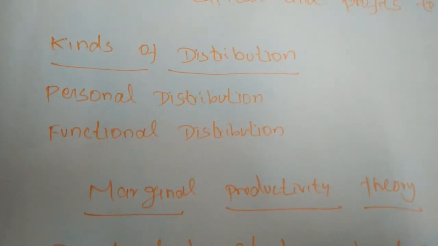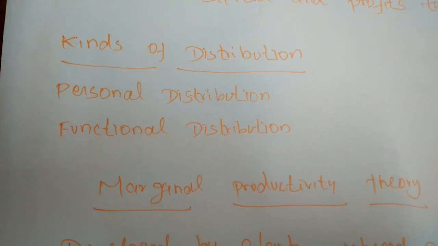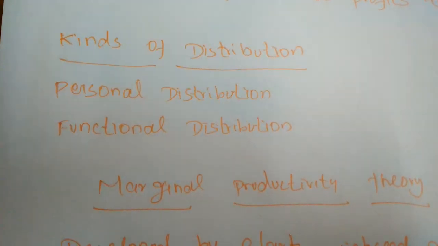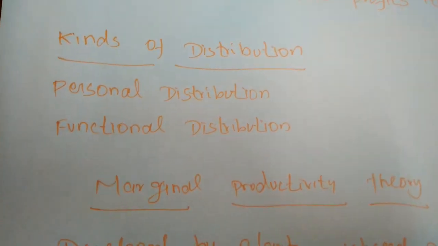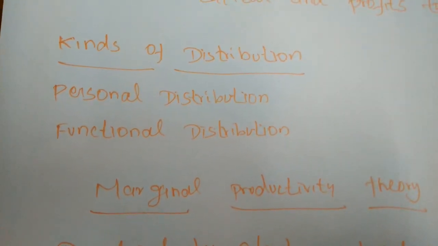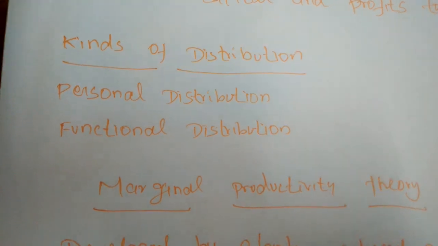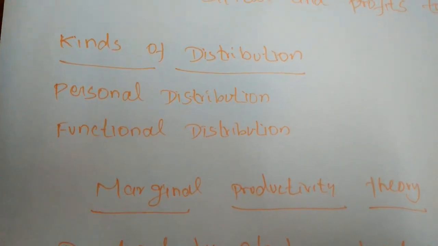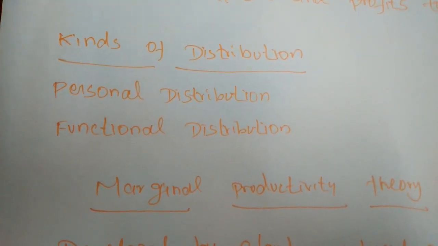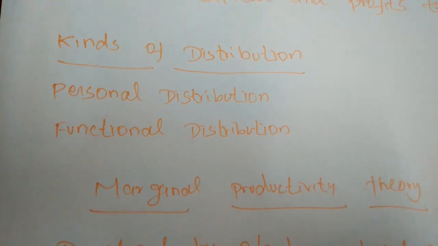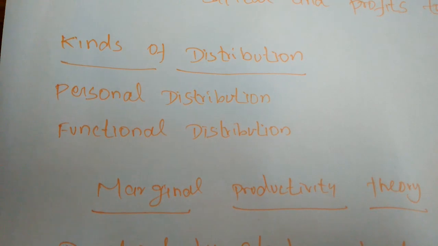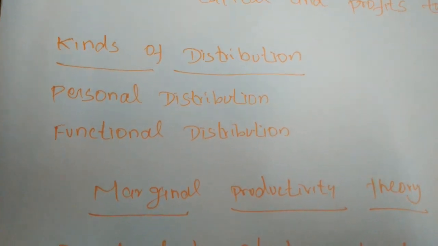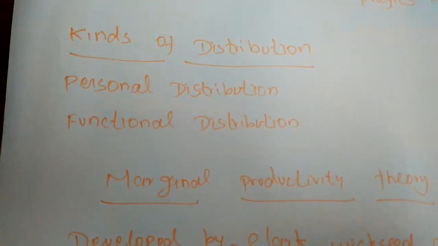On the basis of the function of the four factors of production, they get remunerations. The producers distribute the prices for the factors of production, which is called functional distribution. According to the functions of the factors of production, if they get remunerations, profit, or any benefit, it is called functional distribution.